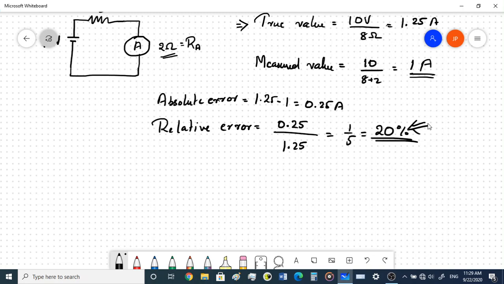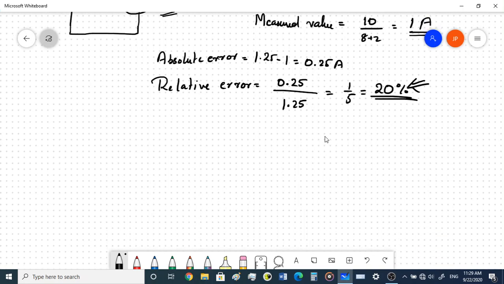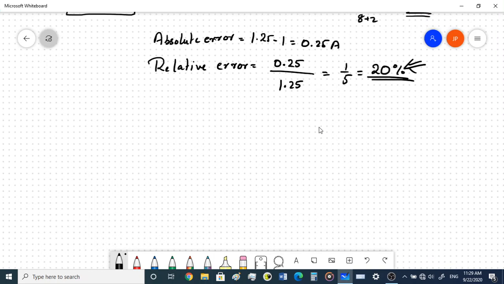So now the easiest method to find the error, or whenever we design a circuit and want to place an ammeter into a circuit, and we design the ammeter in terms of that circuit, the easiest way to do it is by using the Norton's equivalent.